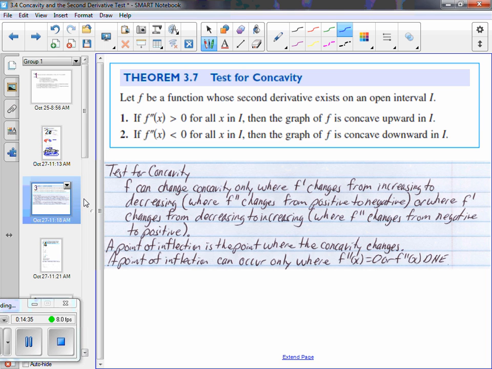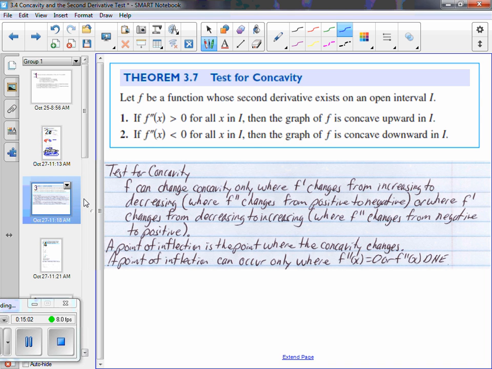zero, isn't it? So first part, if the second derivative is greater than zero, in other words, the second derivative is positive, then that leads to concave upward for the graph. All right, because remember the progression. If the second derivative is positive, the first derivative is increasing. By definition, if the first derivative is increasing, the graph is concave upward.